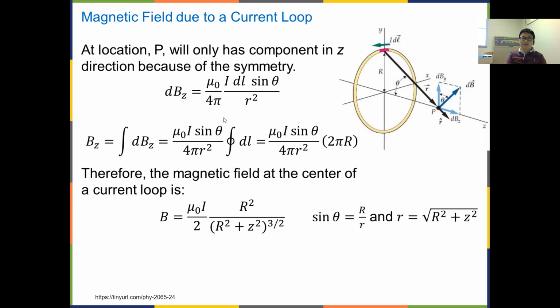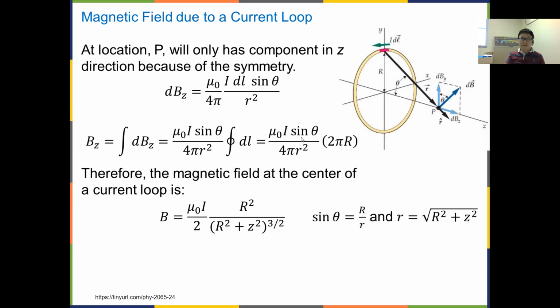I is independent of dl, and r is also independent of dl, because r is a fixed number if this point P is a fixed location. Sine of theta is also not dependent on dl, so the integration is just through the whole circle, the closed path. So it becomes 2 pi r.